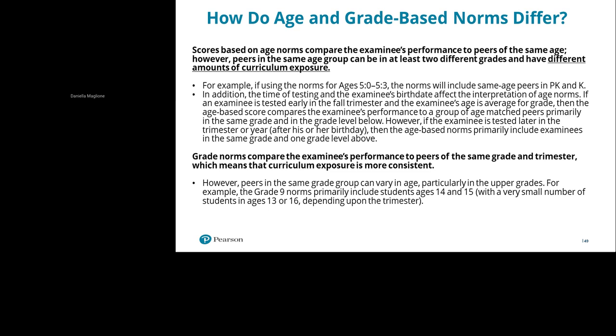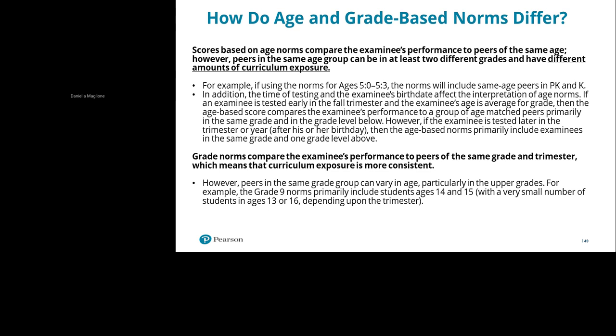You want to make sure you also consider the time of testing as well as the student's date of birth. So for example, a student that is tested towards the end of the school year can be compared to others of the same age who are in the same grade or one grade higher.